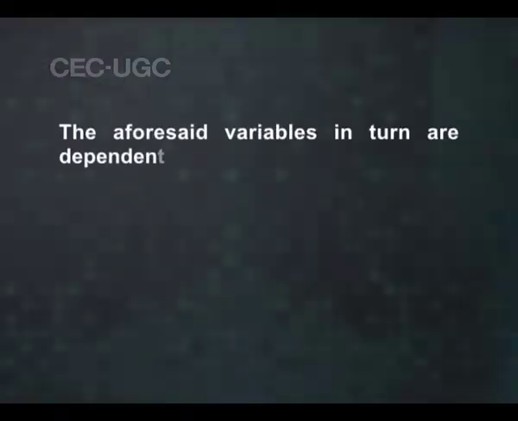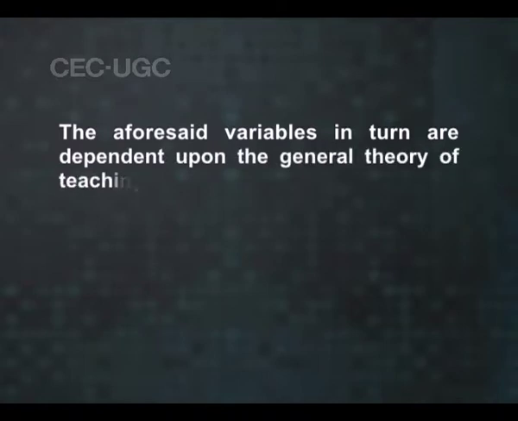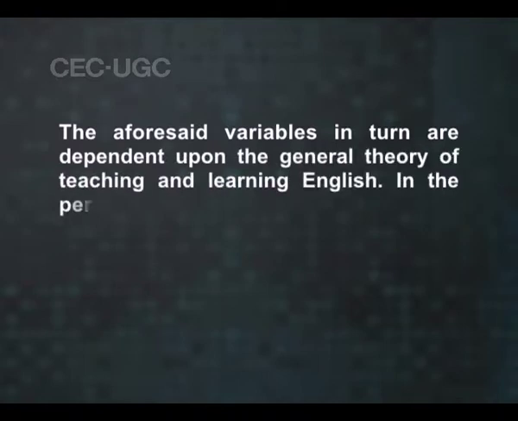Based on the objectives, the teacher can direct learner activities, arrange the learning environment and act as a resource. The role of the learner and the teacher will be specified in the lesson plan. The aforesaid variables in turn are dependent upon the general theory of teaching and learning English.